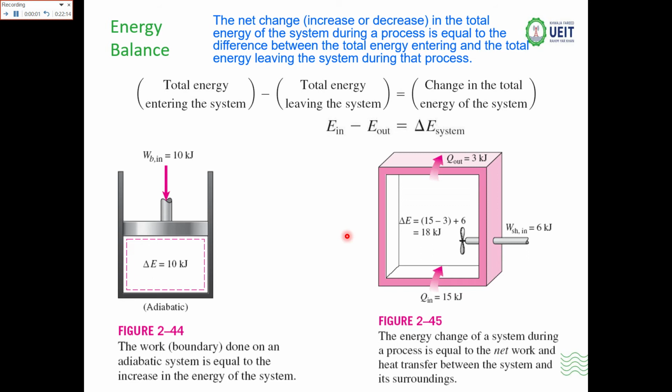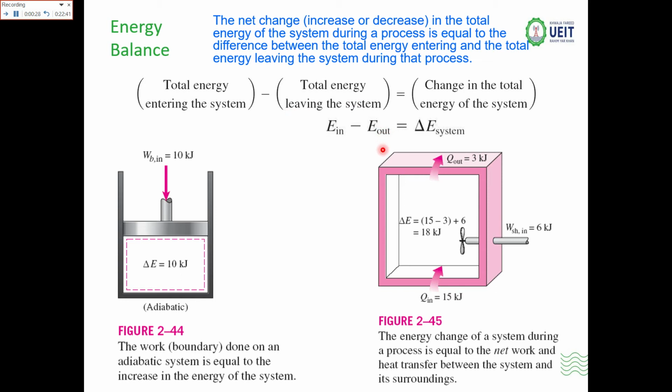Now the energy balance. The net change in the total energy of the system during a process is equal to the difference between the total energy entering and the total energy leaving the system. So the change in total energy of a system is equal to total energy entering, E in, minus total energy leaving, E out.